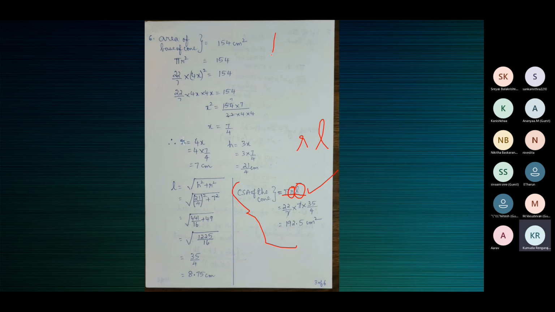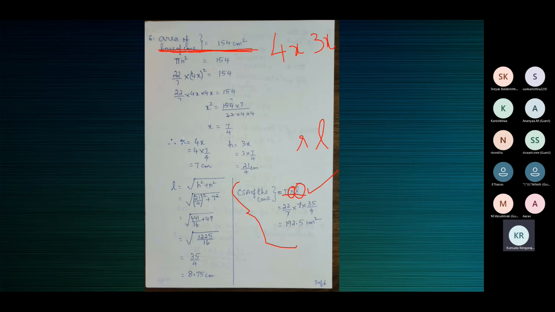We're given the ratio between the radius and height. So let the radius and height be 4x and 3x. Area of the base of the cone is given. Using this information, you can frame an equation and find the value of x.